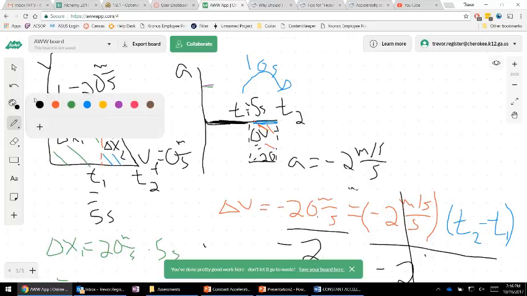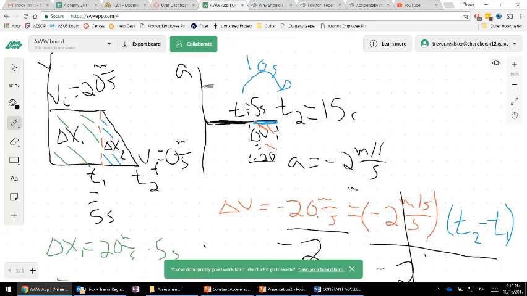As I was saying, since T1 is 5 seconds, and we saw that the gap between T1 and T2 was 10 seconds, that means that the clock actually reads 15 seconds once the car comes to a stop. Okay, so going back to the velocity graph, remember we were trying to figure out the base there, which we just did. That's the 10 seconds that we just found.